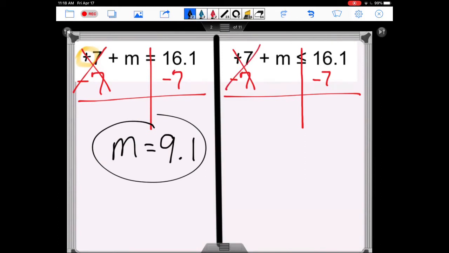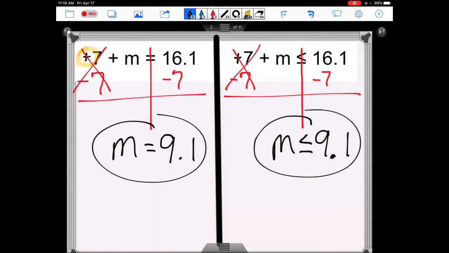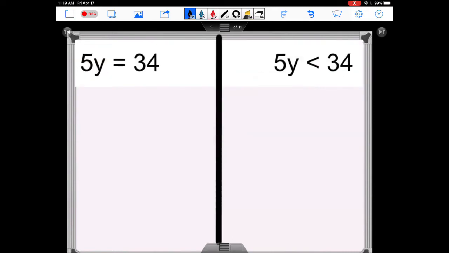Positive 7 minus 7 makes 0, so we're left with m. Over here, we're left with 9.1, and we keep our inequality less than or equal to. So m is less than or equal to 9.1. We solve the inequalities the same way we would solve the equations. Okay? Let's try example number 3.